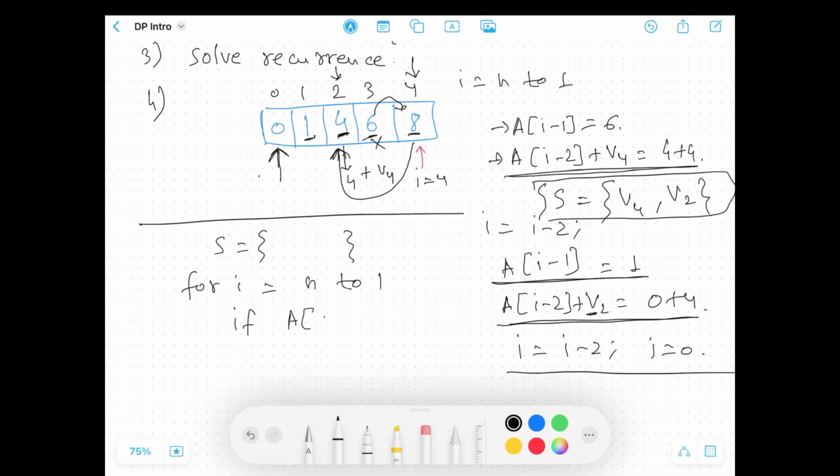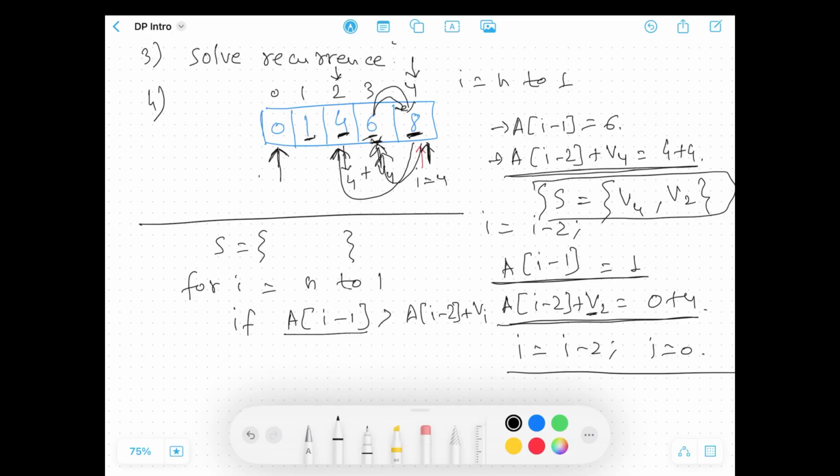So if value at I minus 1 is greater than value at I plus weight, then we must have picked this, and from here, so let's say we are here, and if we have picked this, then we must not have picked this, and this value actually must have been carried forward. So this is not a solution, and probably this could be our solution.